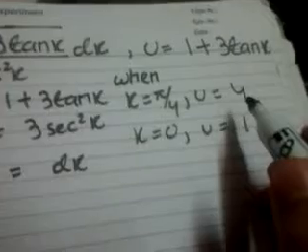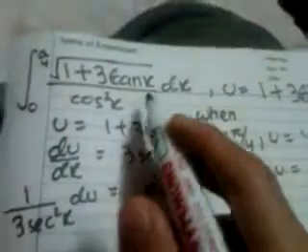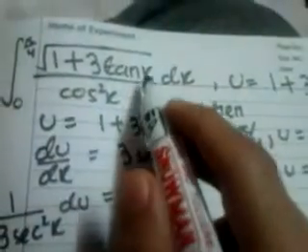So dx is replaced by du, and limits in x are replaced by limits in u. Now we just need to replace whatever x here is with u. So let's do this. So find the value of this.